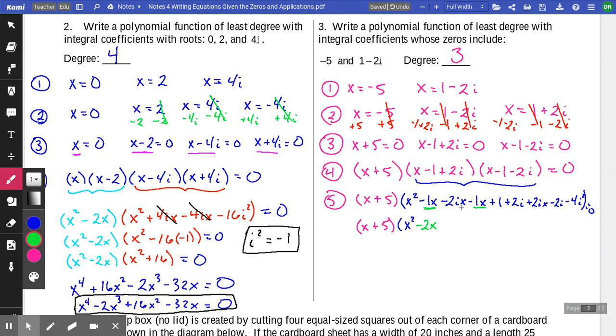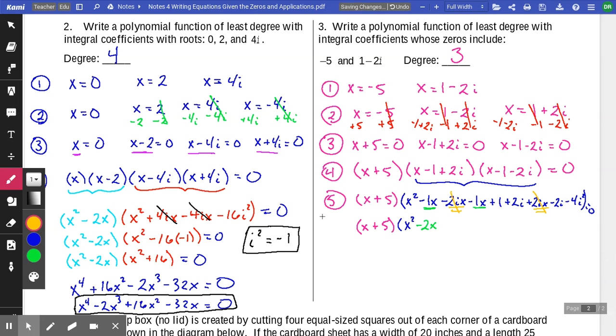Okay. Now let's see what else we have. Remember, our polynomials are not supposed to include the letter i when we write those polynomial equations. So let's see what happens next. Hopefully something good. We have negative 2ix. We also have, if you look, a positive 2ix way over here. And since those are opposite terms, those cancel each other out.